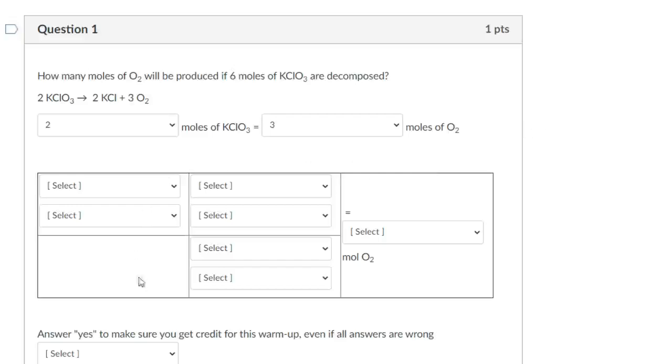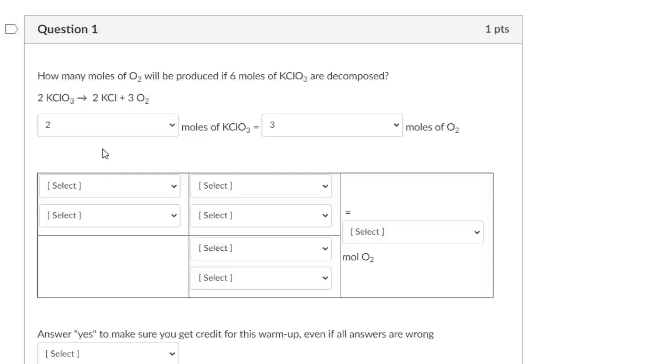Now I need to put all of this into my factor label grid. So my first box is always my given. In your question, you have a given and an asked for. Your given will always be a value and a unit, and what you are asked for will always just be a unit.